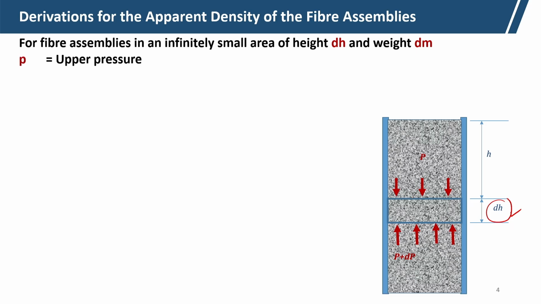P is the pressure from the top, upper pressure, and lower pressure will be P plus dP. This dP pressure comes from the mass of the fiber in that zone of infinitely small height dH.